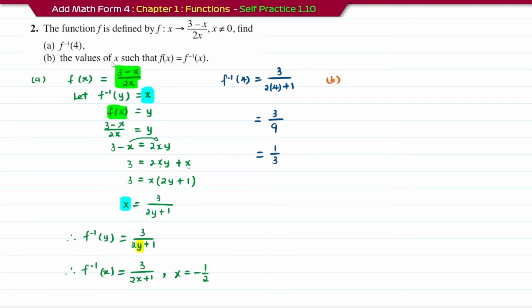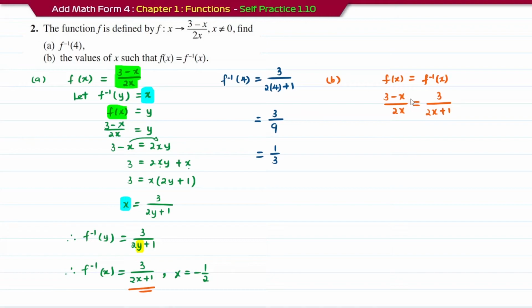Find the values of x such that f of x is equal to the inverse f of x. So f of x is this one, which is (3 minus x) over 2x. The inverse f of x is the one that we found here, which is 3 over 2x plus 1.